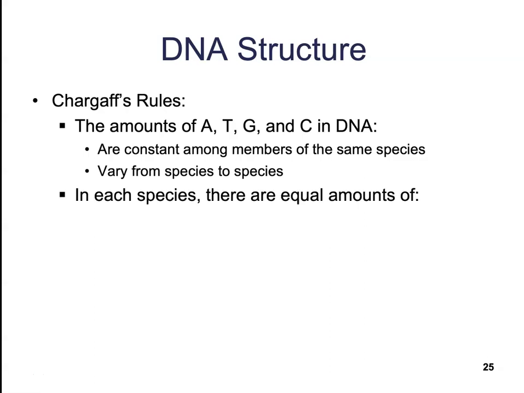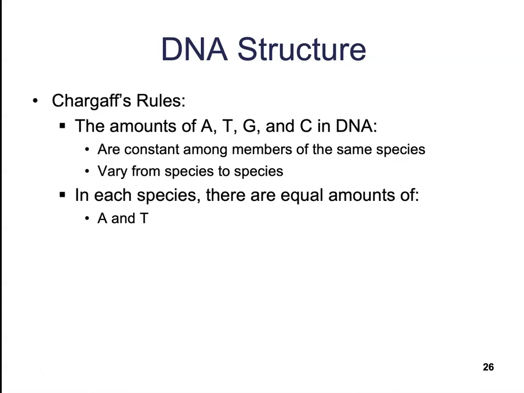In each species, however, he noted that there are equal amounts of adenine and thymine. So if you're looking at a fish, let's say the fish DNA is 25% adenine, it's also going to be 25% thymine.